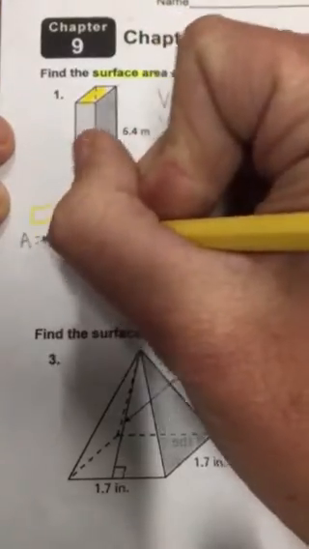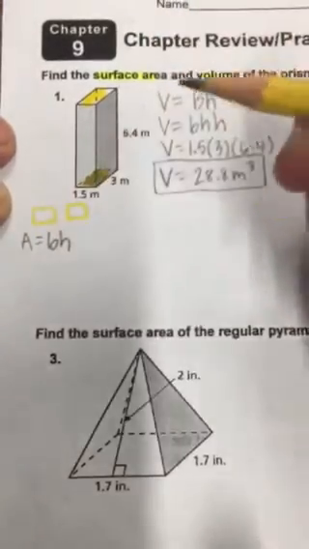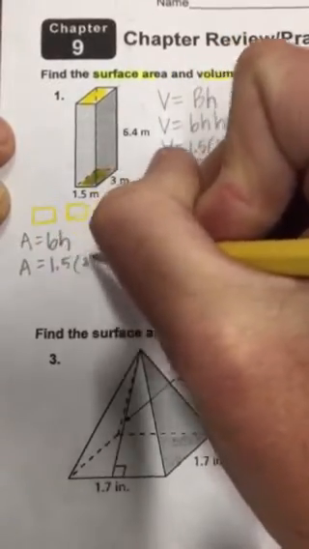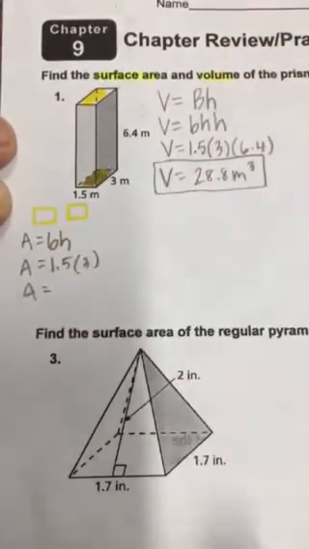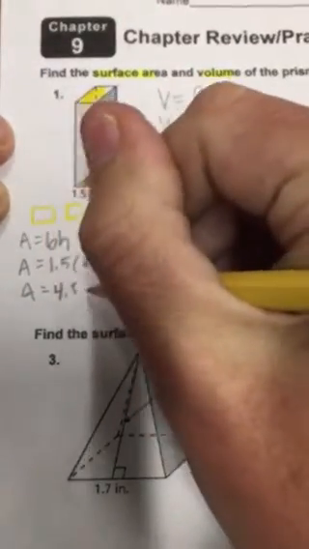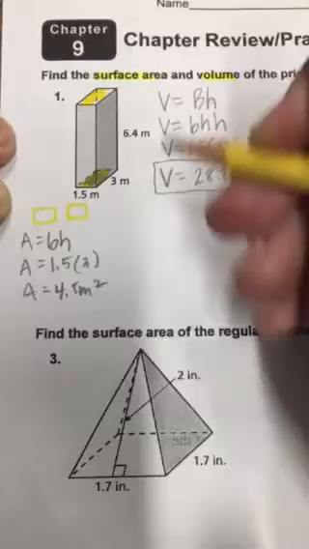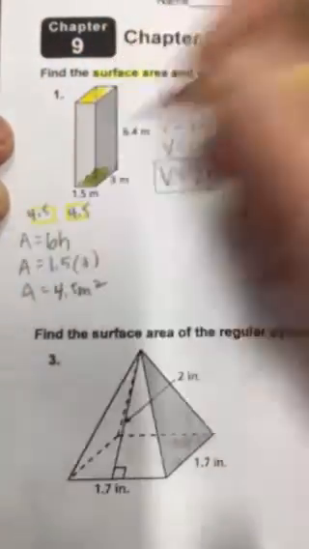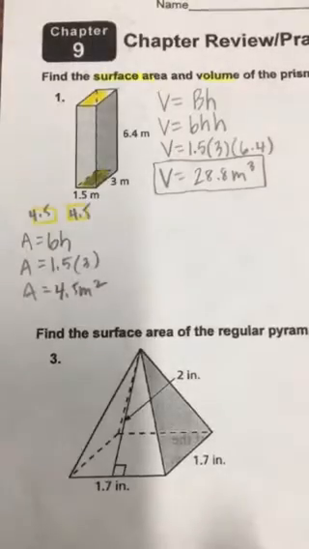So its area is equal to base times height. Area is going to be equal to 1.5 times 3, and I get 4.5 meters squared. So I know that this is 4.5 and this is 4.5. And once I do all my pieces, I'll be able to add them up.